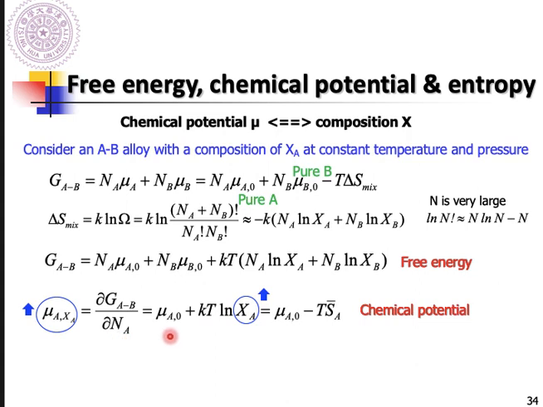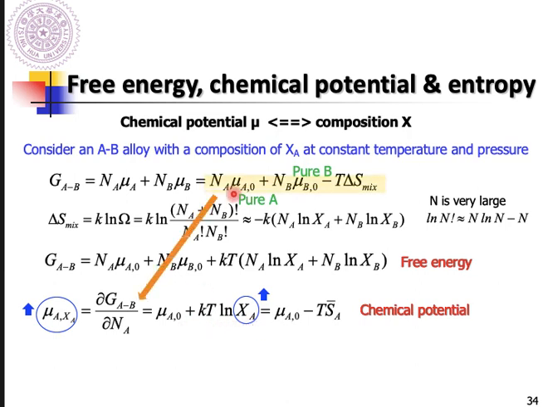In the alloy, as you increase the atomic fraction of atom A, the chemical potential of atom A increases. If there is more A in our alloy, then the chemical potential of atom A is higher at that moment. This is a very important part. This is the relationship between mu A and XA.